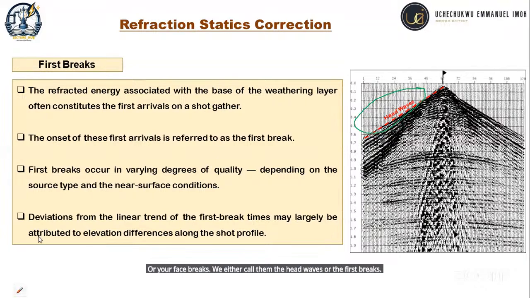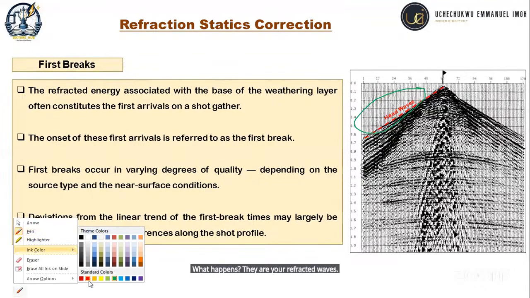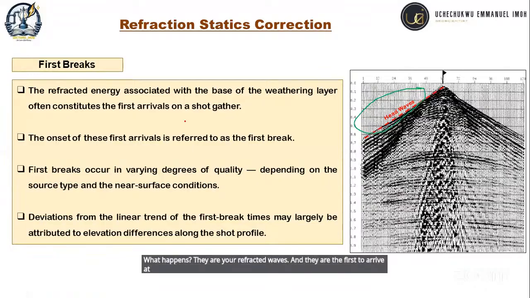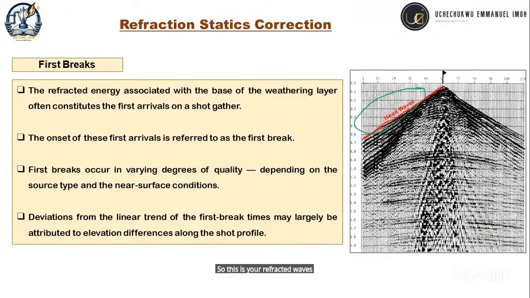They are your refracted waves, and they are the first to arrive at the seismographs, on your seismic data. So this is your refracted waves, the part I'm showing in red, your head waves or your first breaks, okay? So during processing, the idea is to identify these first breaks.